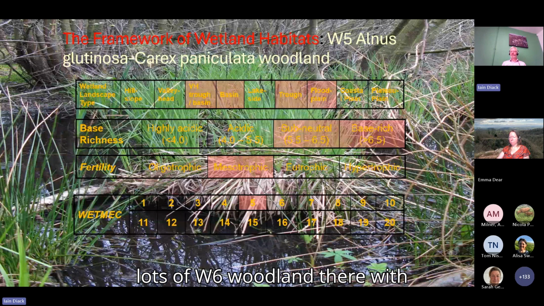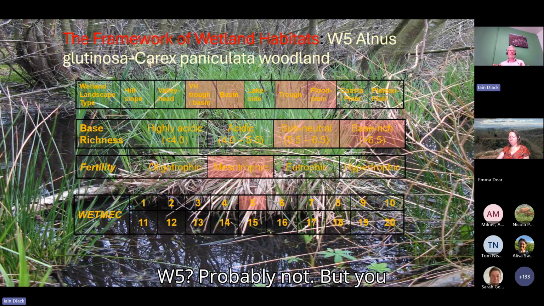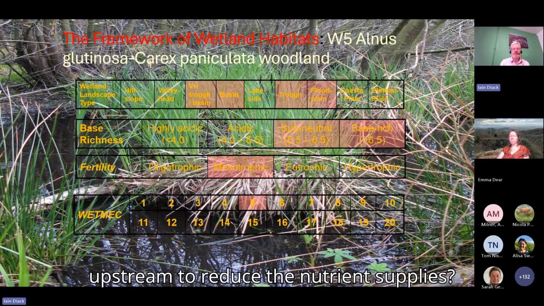There's lots of W6 woodland there with nettle and elder and more bramble and loss of a lot of these other things. So it's useful for thinking, okay, in eutrophic conditions, would we be able to establish W5? Probably not. But you think, okay, well, what do we need to do upstream to reduce the nutrient supplies?